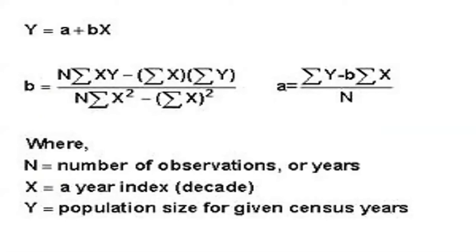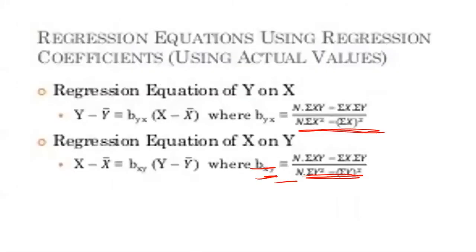And a is calculated by a is equal to (summation y minus b into summation x) divided by n, where n is the number of observations or years, x is the year index decade, and y is the population size for the given census years. So this formula is applied in another case. Mainly you have to remember these two regression equations.